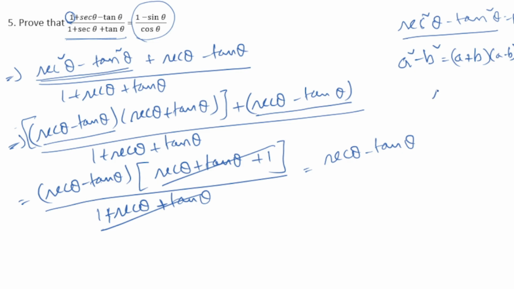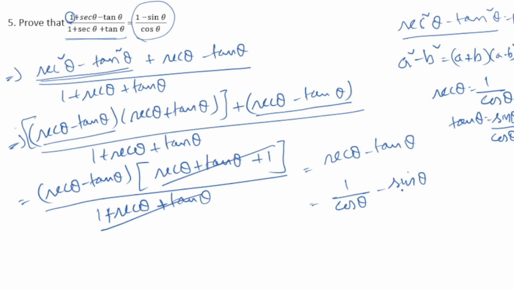And secant theta is inverse of cos theta and tan theta is equal to sin theta divided by cos theta. We'll substitute this one. It is 1 by cos theta minus sin theta divided by cos theta. If you take LCM, we'll get 1 minus sin theta divided by cos theta. This is what we have in the right hand side.